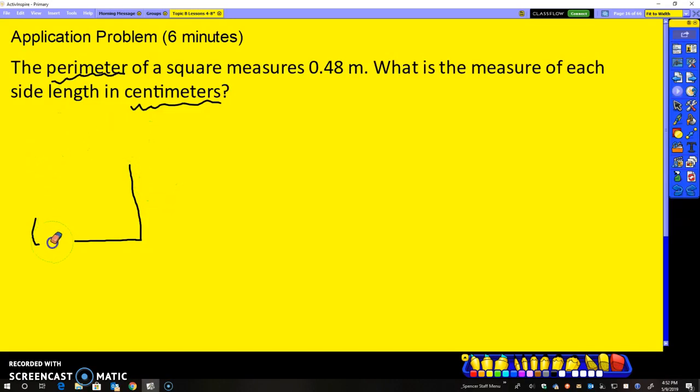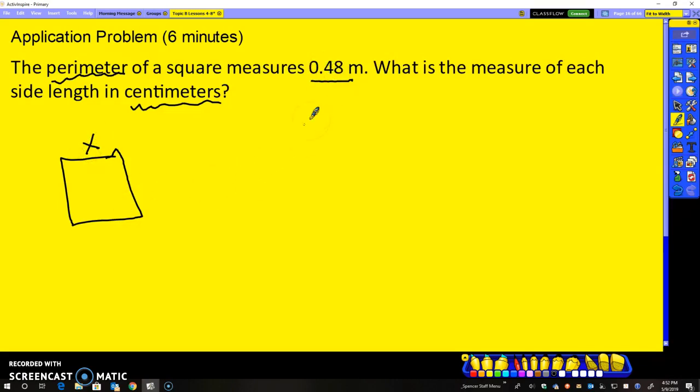Okay, so the perimeter is 48 hundredths of a meter. All the way around my square is 48, and we want to know what the side lengths are.